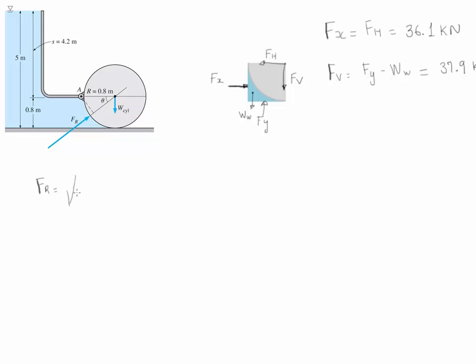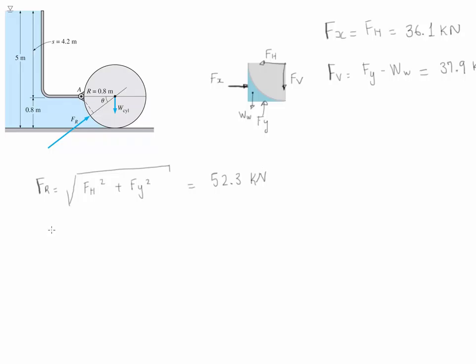We use the Pythagorean theorem, Fh squared plus Fv squared. We substitute these two values and take the square root, and we find that the value of the reaction force is equal to 52.3 kilonewtons.